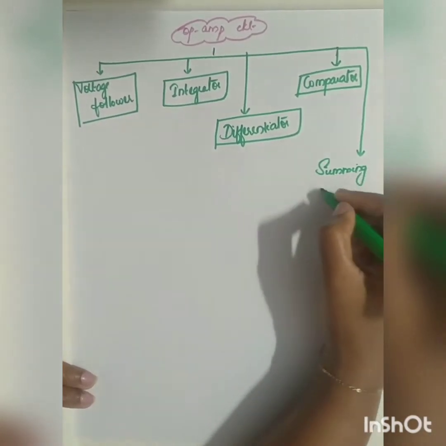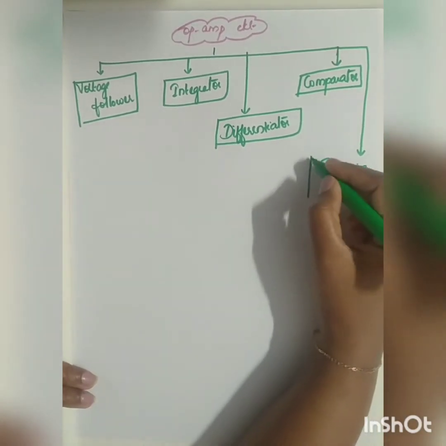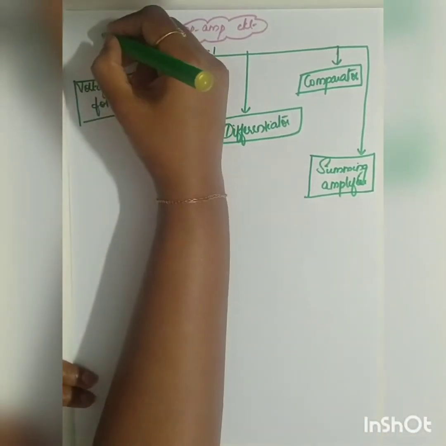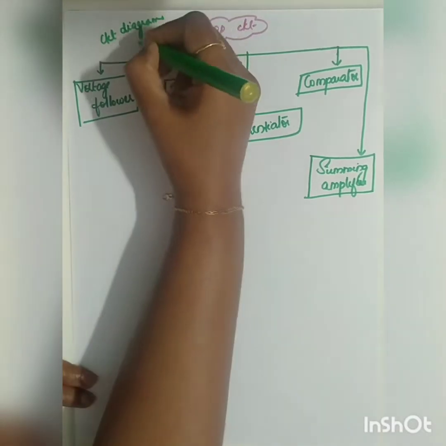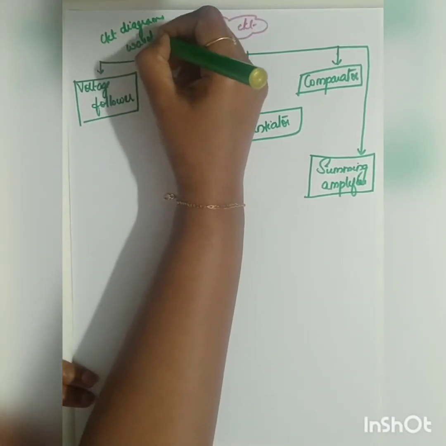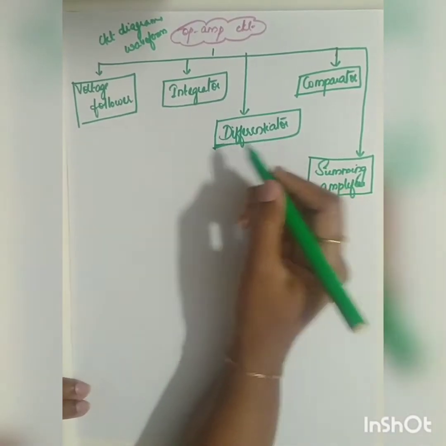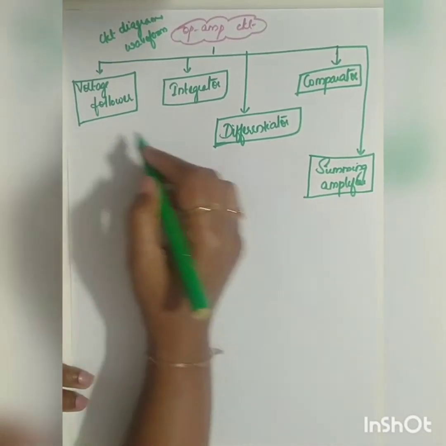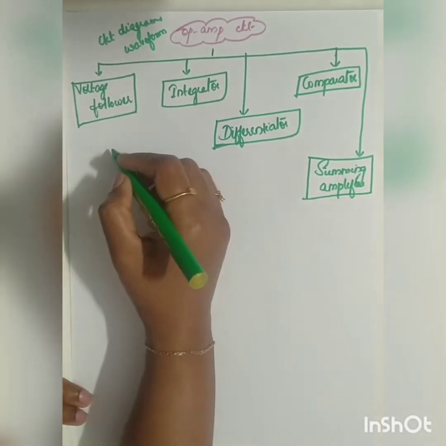Summing amplifier. So what is required in your syllabus is the circuit diagrams and the waveforms. There is no derivation. So let me start with the diagrams of all the 5 different types of circuit.